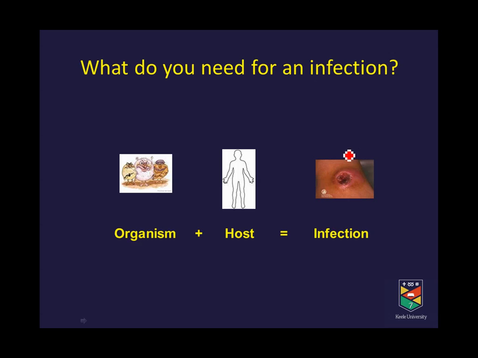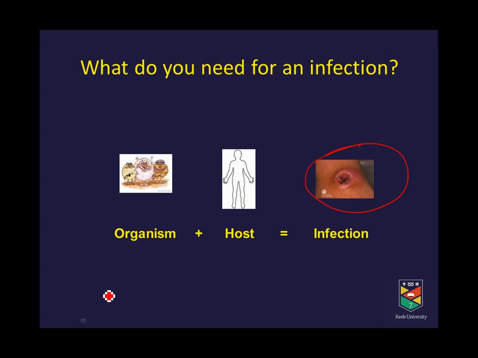What that can lead to is something like cellulitis or an ulcer, or in a worst case scenario it can be the flesh-eating bug, necrotizing fasciitis, which is caused by Streptococcus pyogenes. So basically an organism in the wrong place that starts to replicate causes an infection.